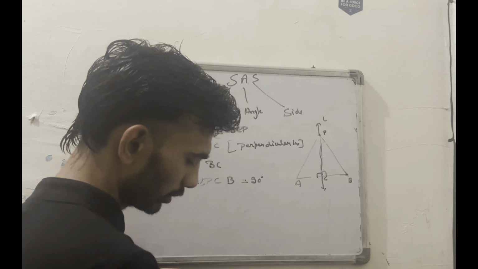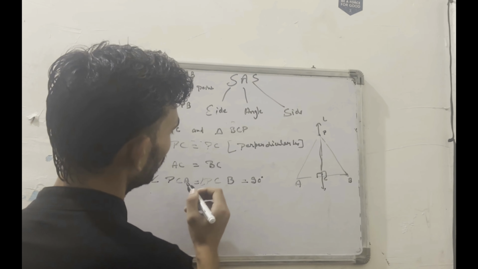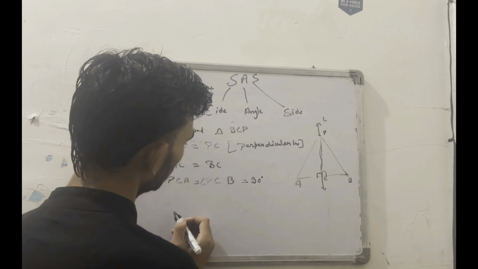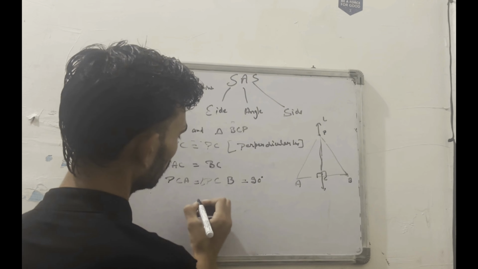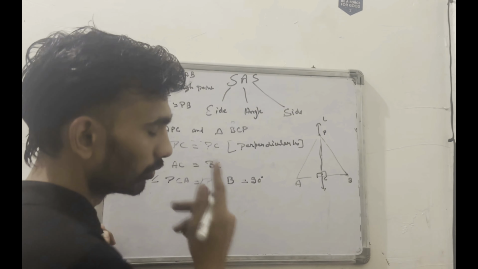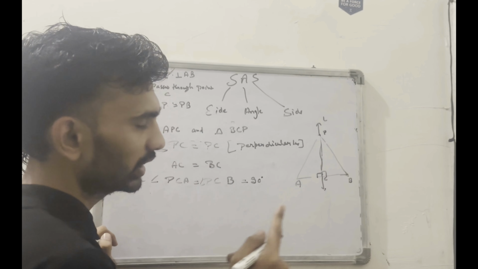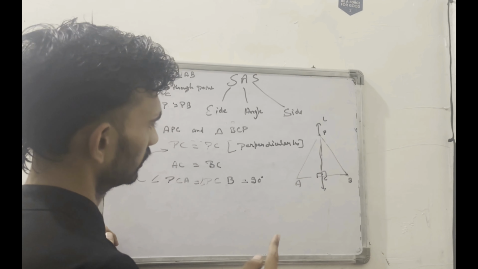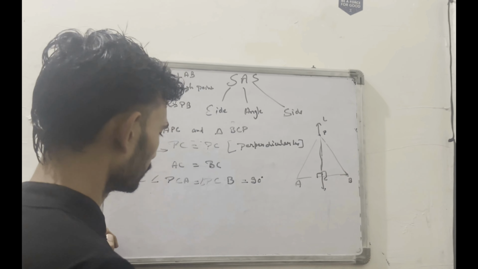Now we move forward. Here we have already written that if two sides and one angle are equal, then the triangles are congruent to each other.